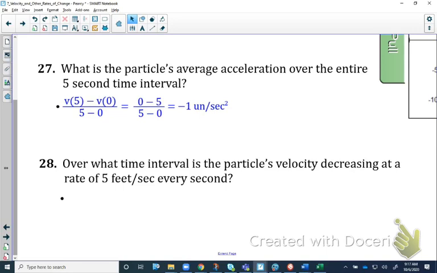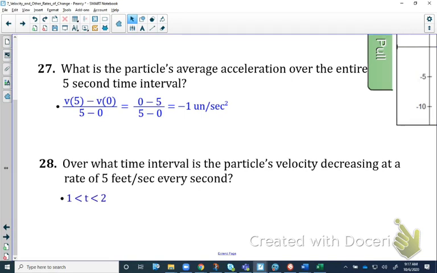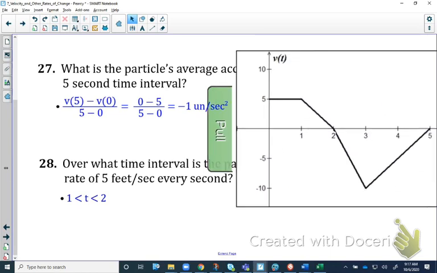28, over what time interval is the particle's velocity decreasing at a rate of 5 feet per second? Here they're giving me some kind of units now.